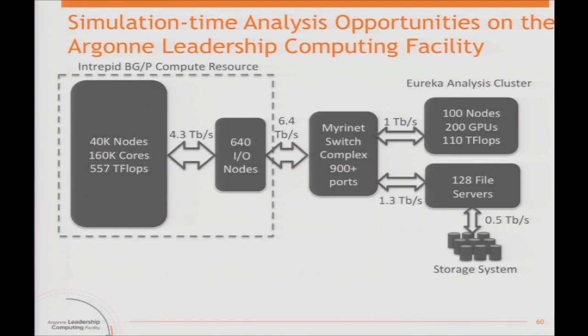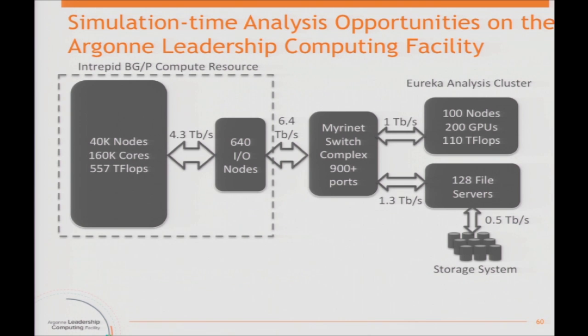This similar configuration is what you'll see on Mira. So you have Mira on the left, you have Tukey on the right, as well as the storage system. So you can actually send data from Mira to Tukey, in this case, Intrepid to Eureka, memory to memory, without having to go to the file system.